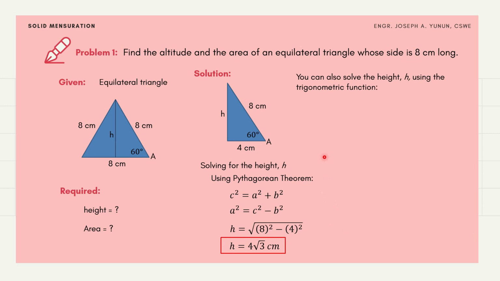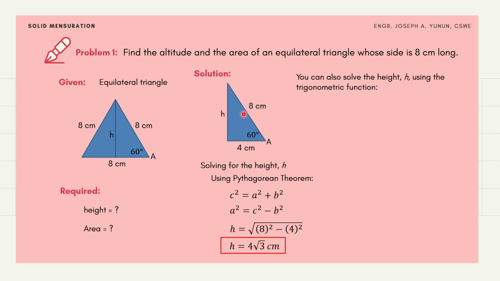In solving for the area, okay? Wait, also I would like to show you the solution using the trigonometric function. You have sine, cosine, or tangent, but that depends on the given. Okay, so for example, we have the sine of a given right triangle. The sine is represented as opposite all over hypotenuse.